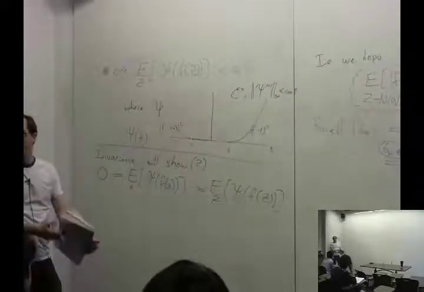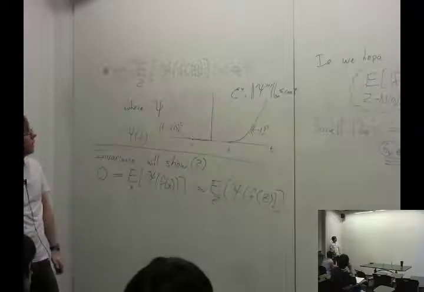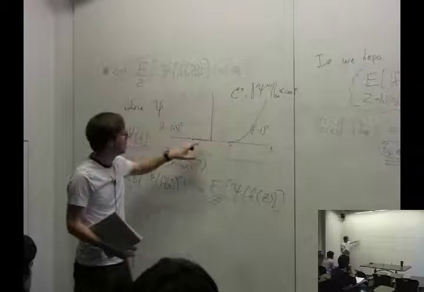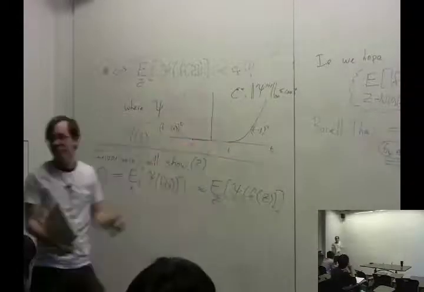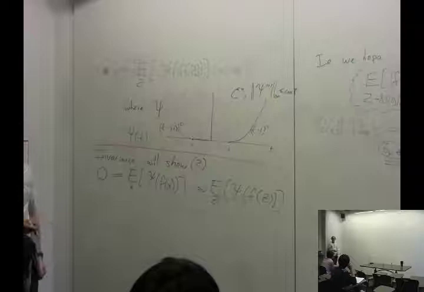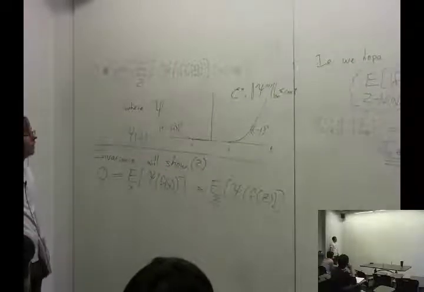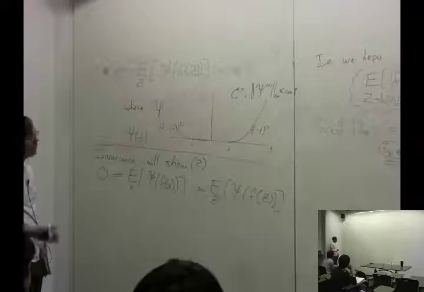Well, this function is not quite C4. It's continuous, which is a plus, but it's not really differentiable here and here. So it has a little problem. Yeah, maybe it's C2. Okay, so this is a small problem.